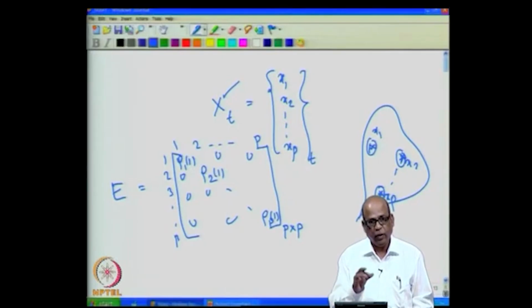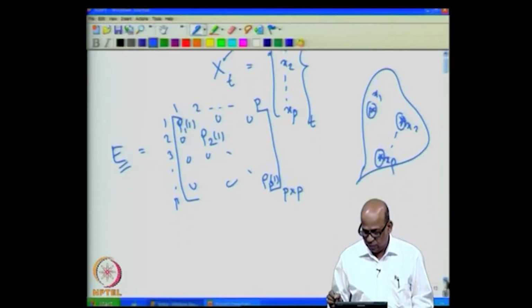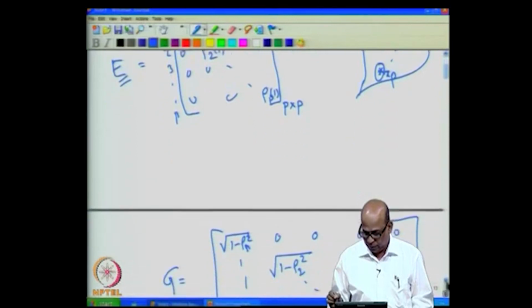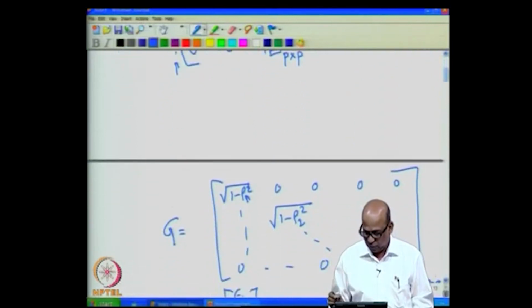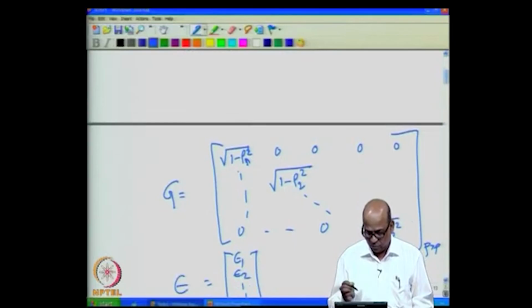This can be estimated, there is a time series available at site 1, therefore, rho 1 can be estimated at site 1. Similarly, rho 2 can be estimated at site 2 and so on. So, all of these diagonal elements are estimated, and therefore, the matrix E is known. Then we come to matrix G, again rho 1, rho 2 etcetera are estimated, therefore, matrix G is known.